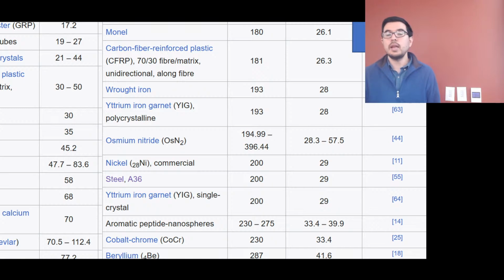So strength could change quite drastically. In fact, we talked about that the last time. We said it could go from 10 to 700 megapascals for strength. Okay, but the elastic modulus is going to stay the same.